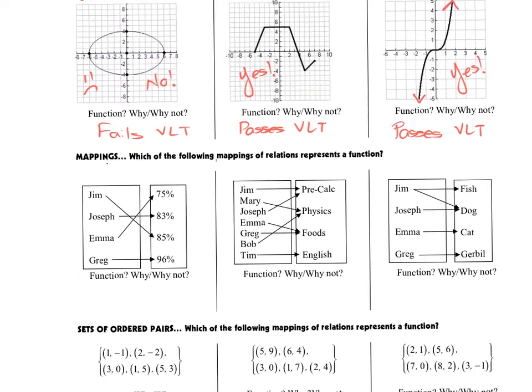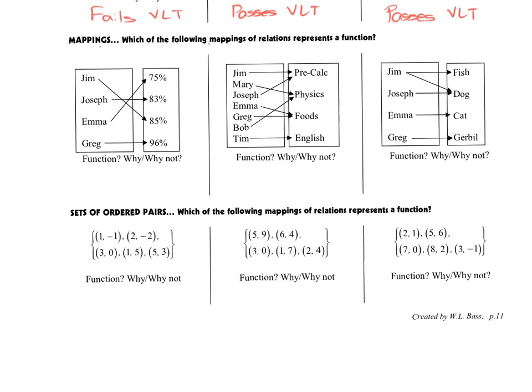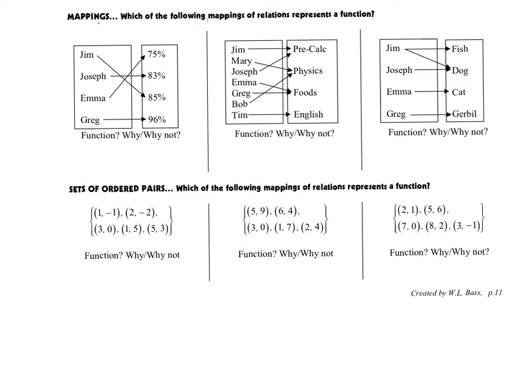Now, if I give you a mapping, mappings are going to be a little bit different. When we work with our mappings, what we're going to look for, and this is not really a technical way to say it, this is the way I always think of it, is we're going to make sure that no input, we can think of that as our left-hand side or our x's, is split to two outputs.